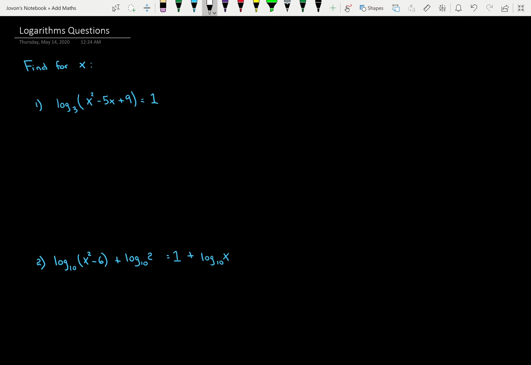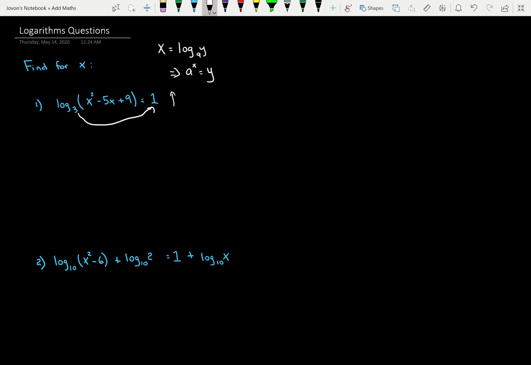Okay, the first way is that if you remember the definition of a log, what is the equivalent of a log? We could actually convert this. Remember, if we have x is equal to log y to base e, this is the equivalent of e to the power of x is equal to y.